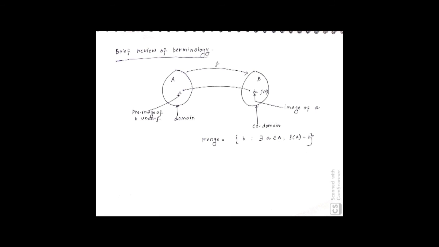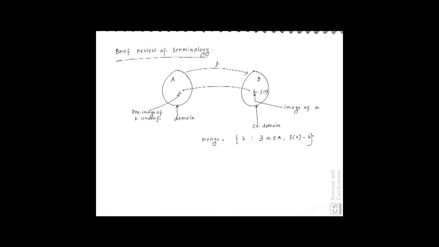The range of f is defined as the collection of all b's such that there exists small a in the set A which is mapped by the function to the element b. So these are the basic terminologies which we have introduced with respect to functions.